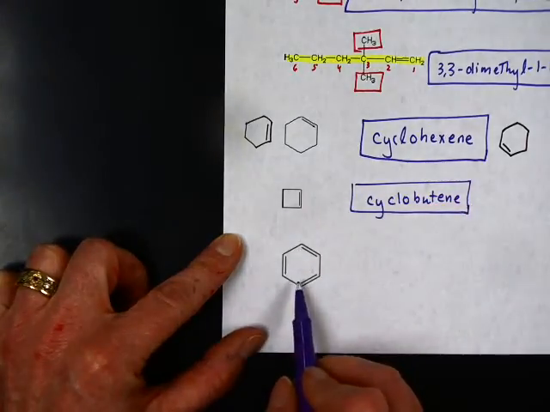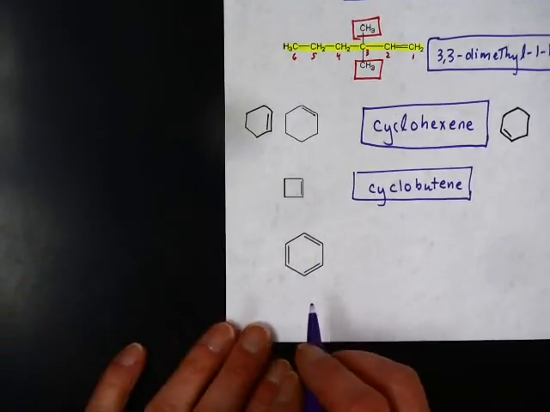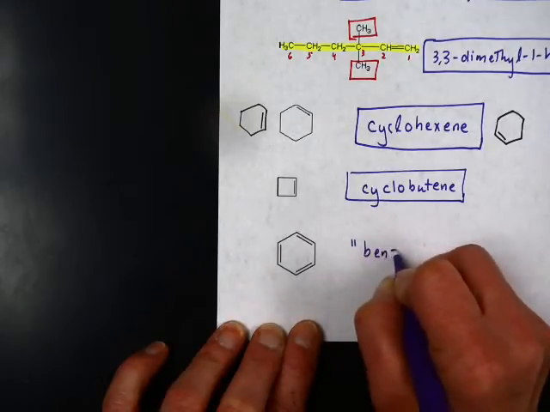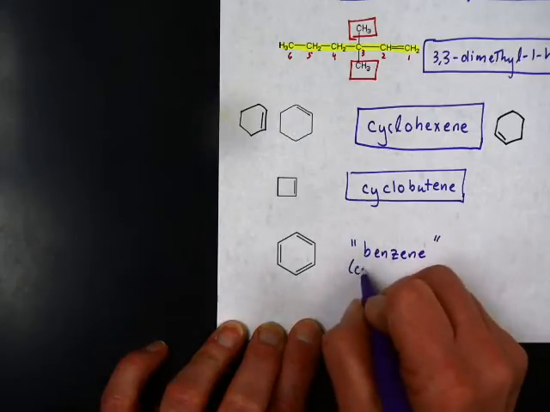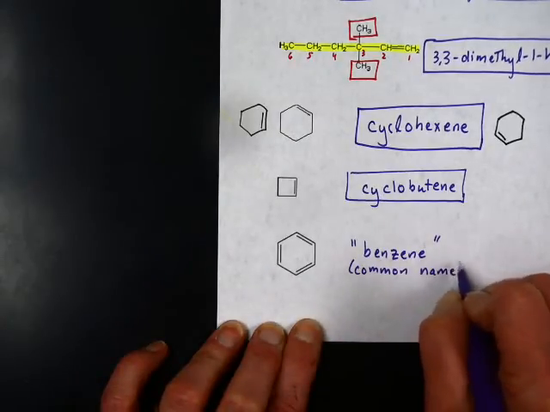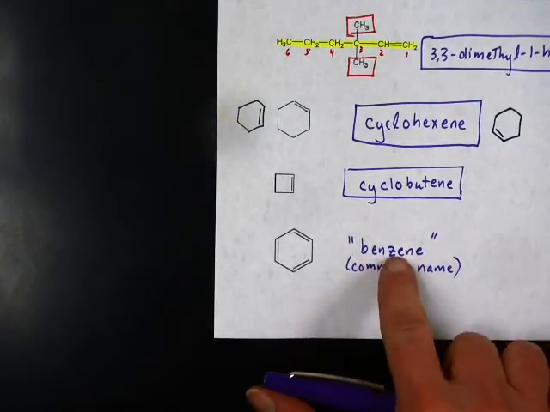Finally, this is one where we're going to recognize it by its common name. The common name of this is benzene. You should know that by its common name. I'm going to say the official name, the IUPAC name. I won't even write it down though, because you don't need to know that. You need to know the common name.